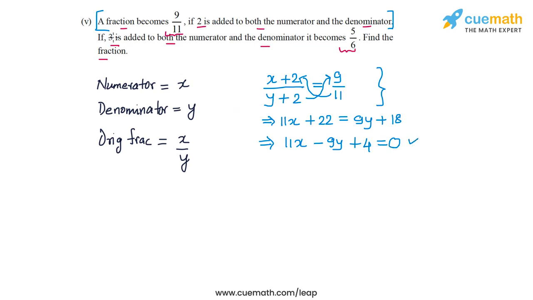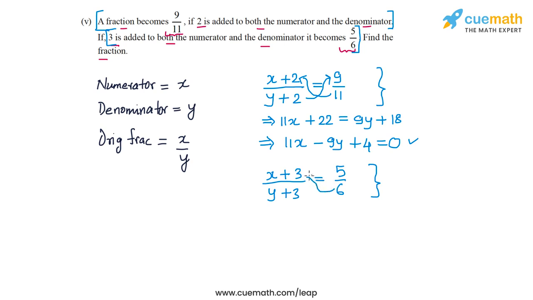And now let's use the second piece of information. If 3 is added to both the numerator and the denominator of the original fraction, it becomes 5 by 6. So if I add 3 to the numerator and 3 to the denominator, the new fraction is x plus 3 by y plus 3, and the numerical value of this fraction is 5 by 6. So again, from this we can find our second linear equation in x and y.